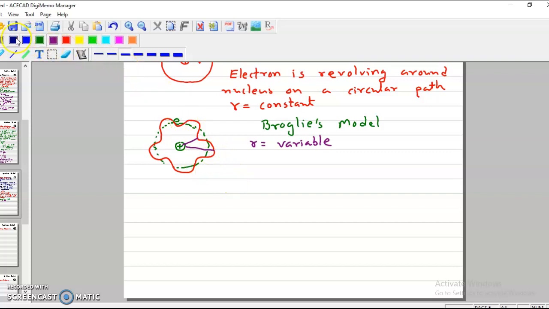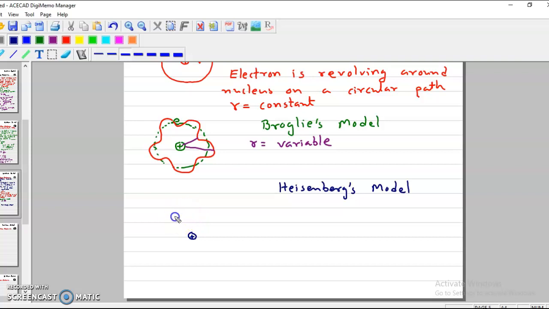Now we will see what is happening in Heisenberg's model. According to Heisenberg, the position of the electron is uncertain. The velocity of the particle is uncertain. Therefore, everything is uncertain in Heisenberg's model.